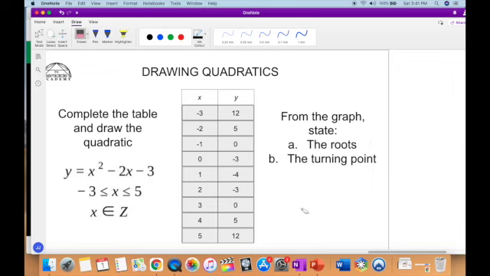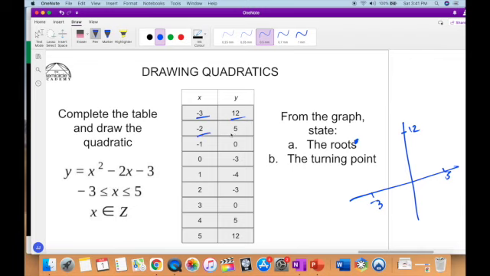Okay, so just basically plotting these points on the graph page. Pretty much, yes. Now, at the end of the day, please remember that you're plotting the points on the graph and you're playing dot to dot. So if this is the graph here, we have -3 on this side, we have 5 on this side, we have 12 all the way up here. So the first point is -3, 12, so that'll be somewhere here.